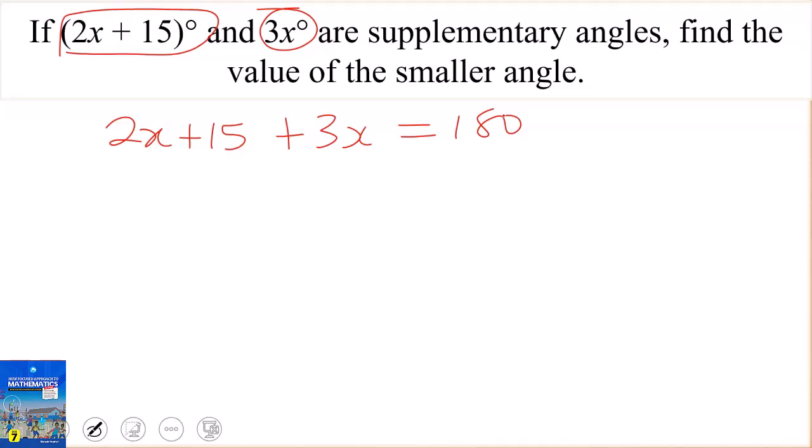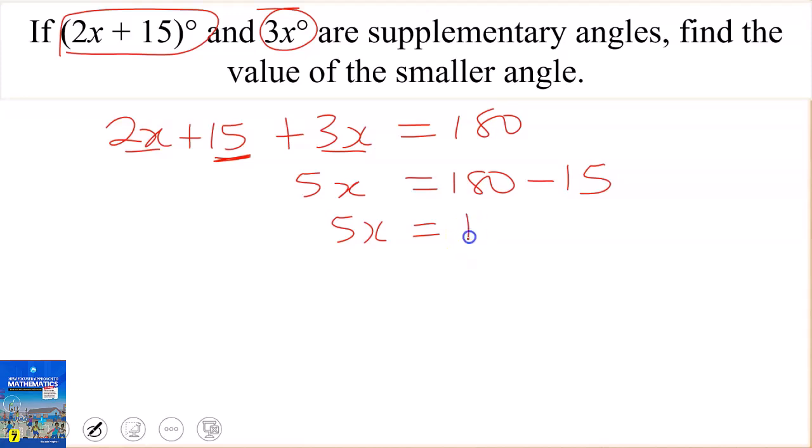Again, solving for the value of x, 2x plus 3x will give us 5x equals 180 minus 15. I group like terms, so this one moves to this side to become negative 15. So 5x is equal to 180 minus 15. That will give us 165. And then we want to find the value of x.